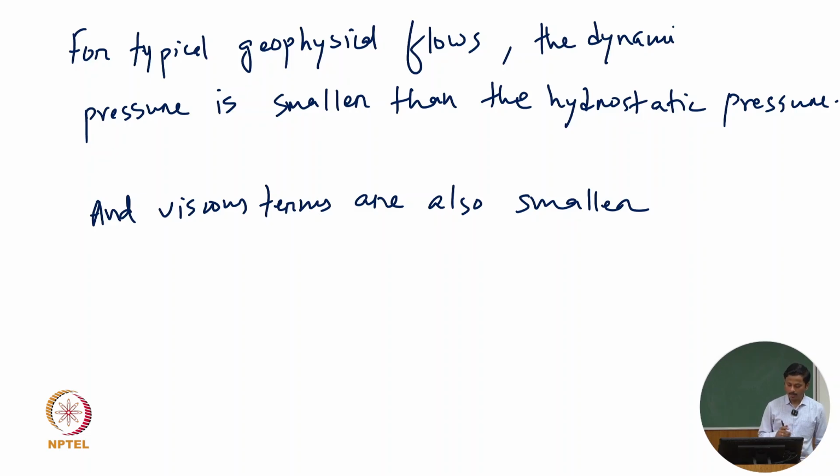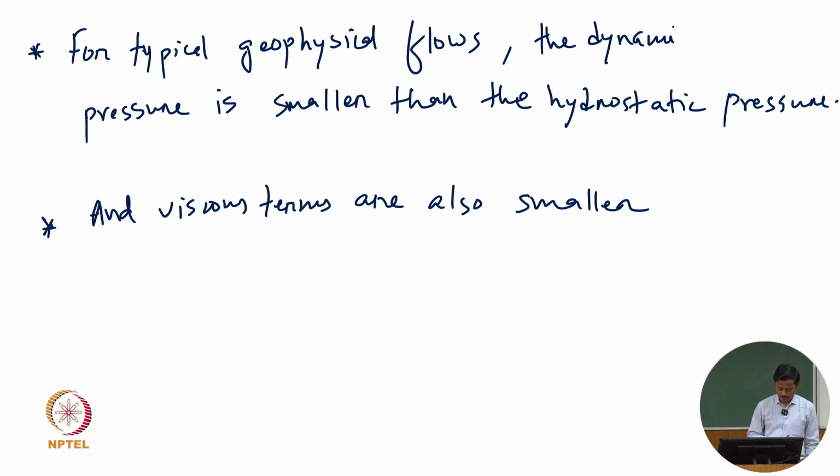We'll do that later, but for now, for large scale geophysical flows away from boundaries, the viscous terms have negligible impact. So viscous terms are also smaller. These are two different things that will help us in determining the scales, simplifying the equations further.